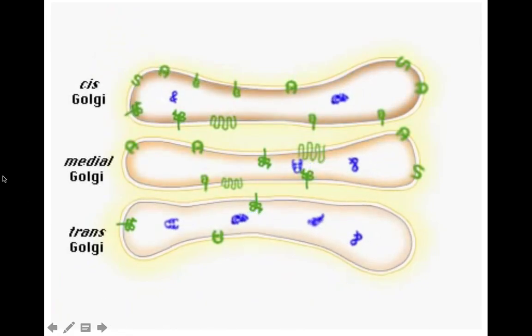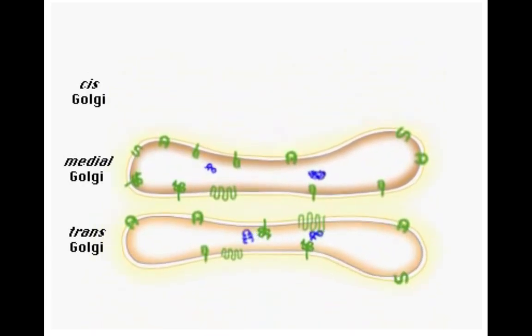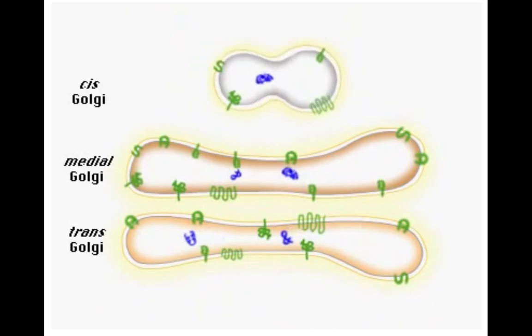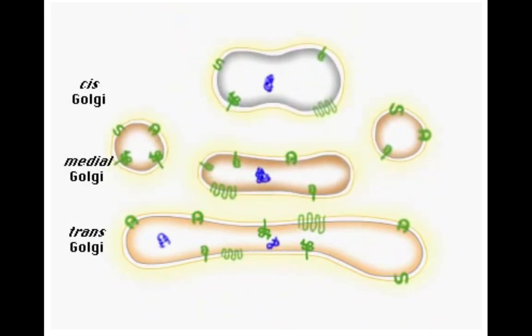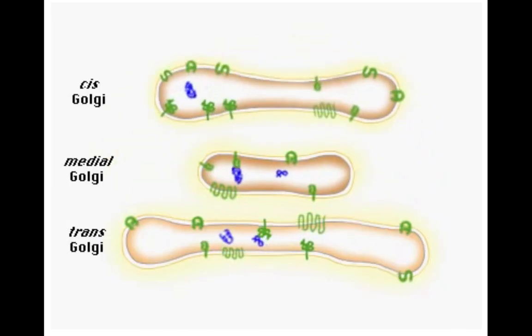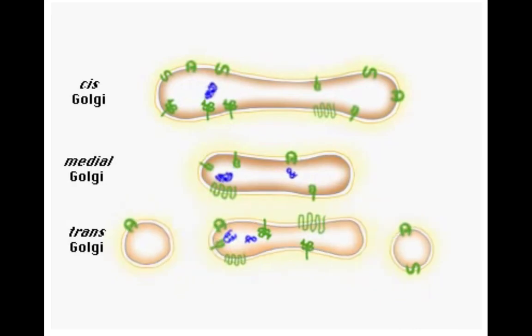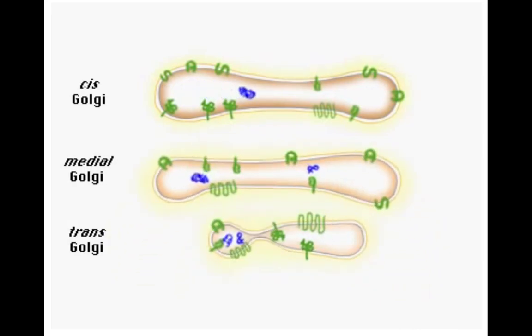In the cisternal maturation model, the cis Golgi matures to become the medial Golgi. A new cis Golgi is formed by fusion of ER vesicles. The maturation process includes retrograde vesicular transport of resident Golgi proteins. Proteins destined for secretion after modification in the Golgi are transported from the trans Golgi to the plasma membrane.